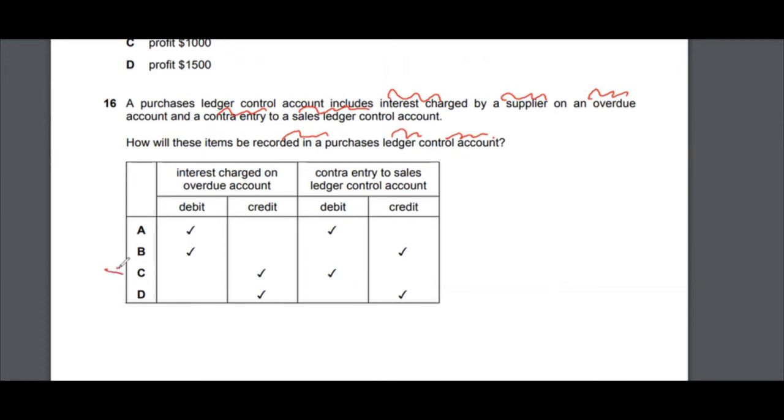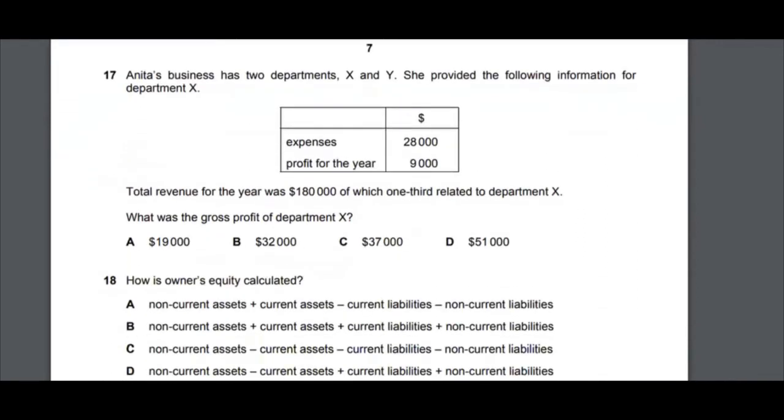So it's either option C or option D, and there's a contra entry, right? Contra means opposite. So the opposite of credit is debit, right? So the correct answer to multiple choice 16 is option C.